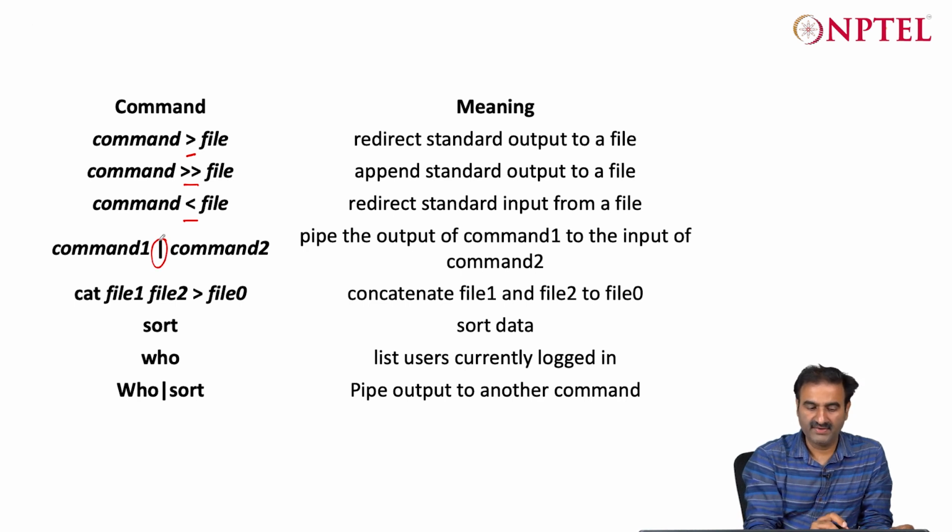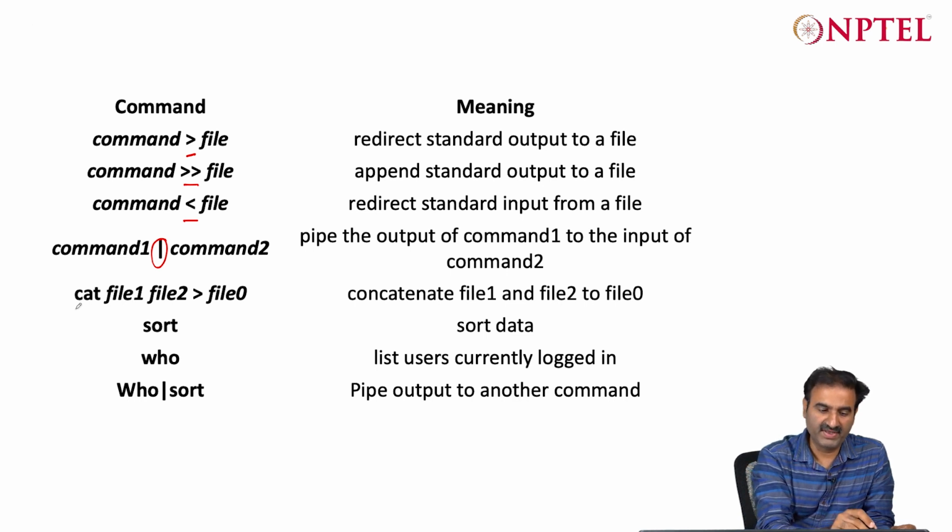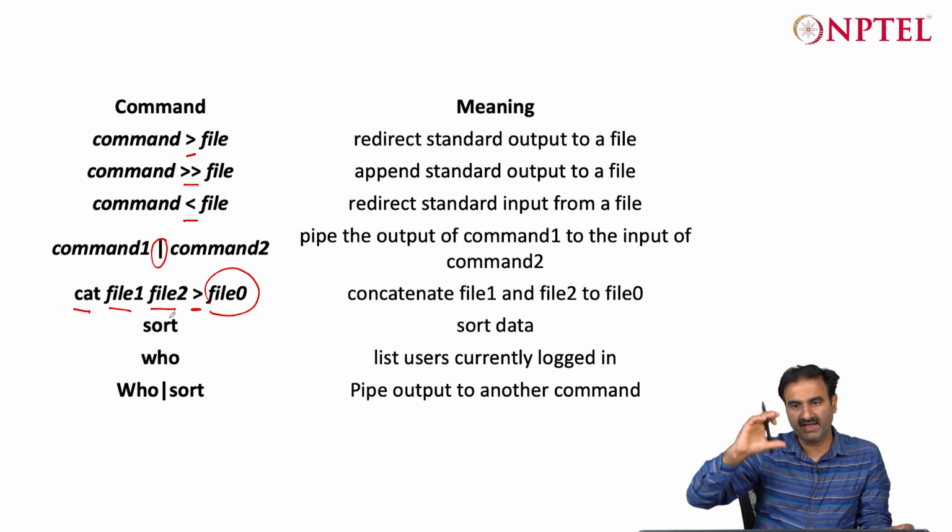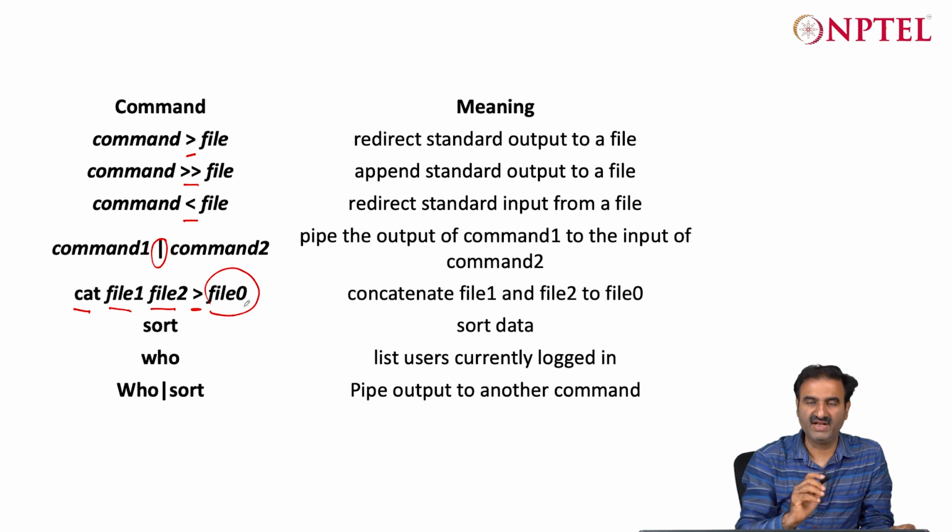Similarly, in cat we were displaying the contents. Now if I want to display the contents of 2 files, file 1 and file 2, and redirect both into another file, this can be used to concatenate also. So cat file 1 file 2 means concatenate file 1 and file 2. File 1 contents and then file 2 contents will be concatenated together into another file called file 0.